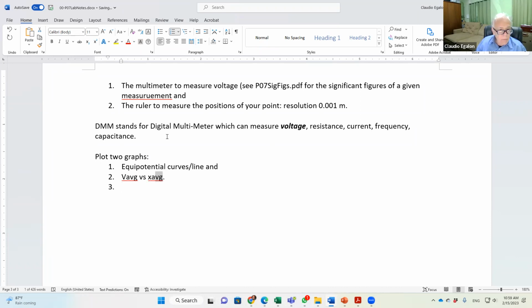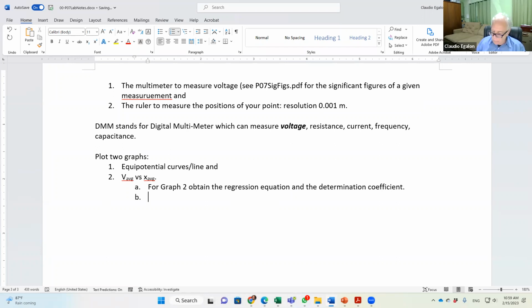Two graphs. For graph 2, obtain the regression equation and the determination coefficient. The determination coefficient again is R squared.